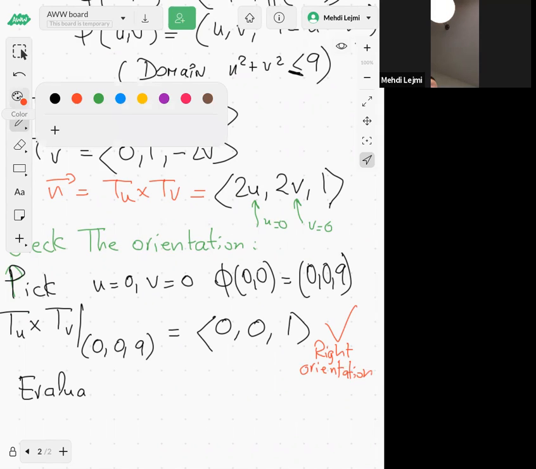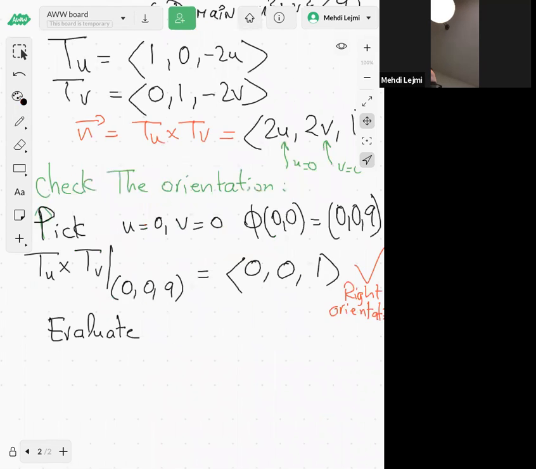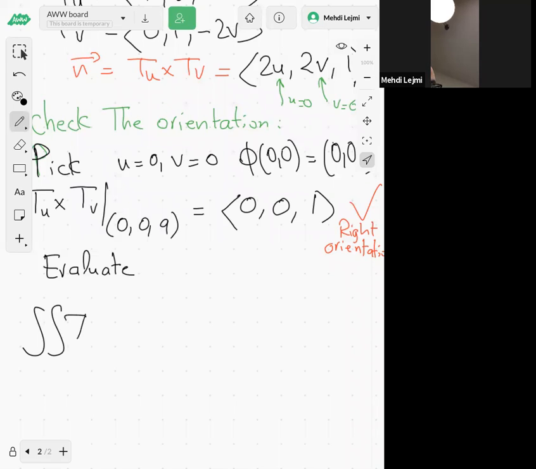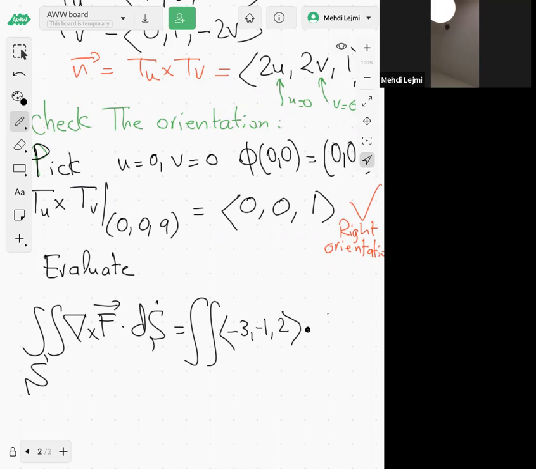So now you can evaluate your double integral of the curl of F over this surface S. The curl of F, we said, is (-3, -1, 2), scalar product with the normal vector, which is (2u, 2v, 1), du dv.